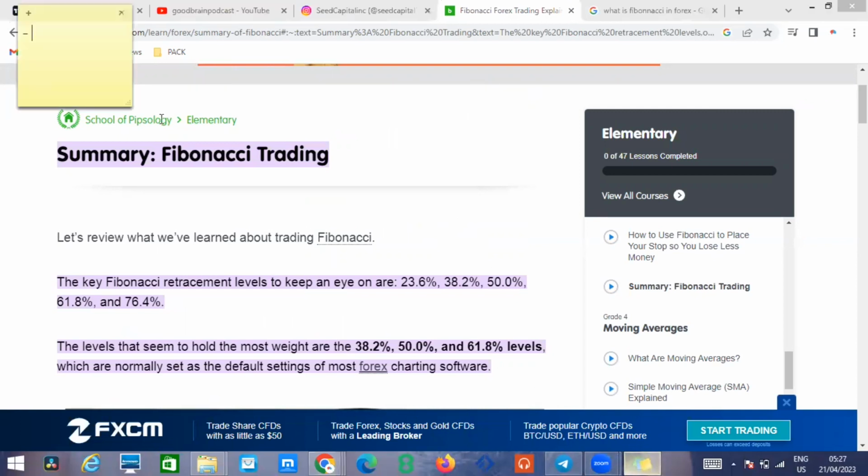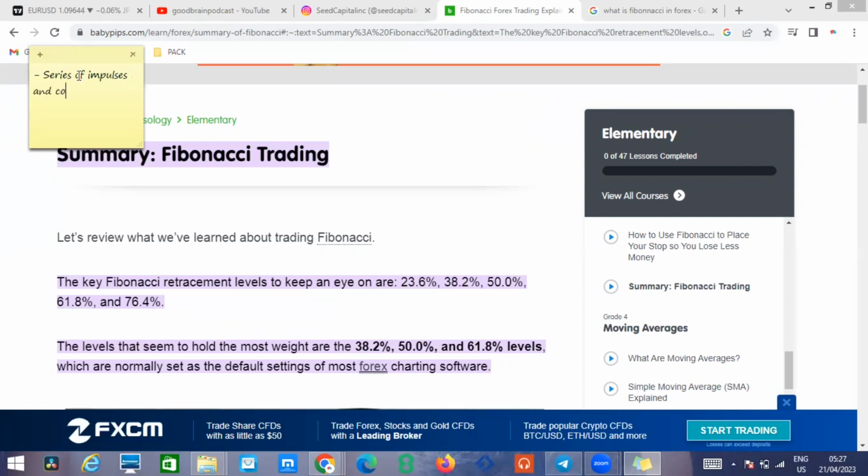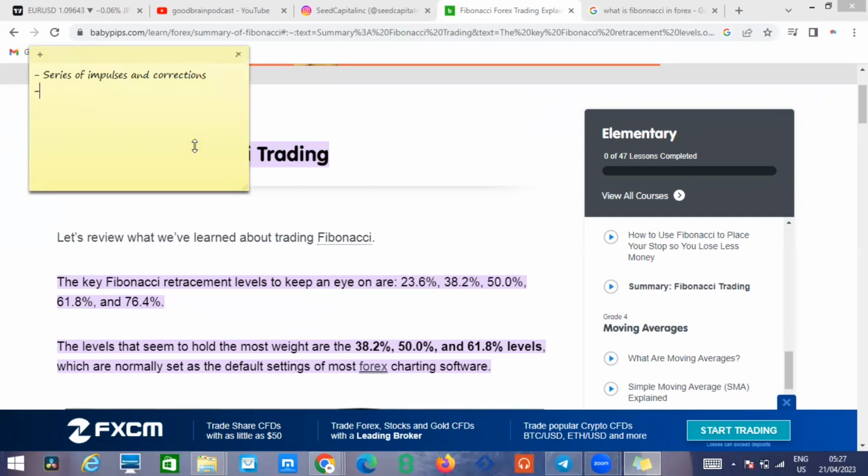But before you can understand the Fibonacci, right, you need to understand these few things. The market is a series of impulses and corrections.